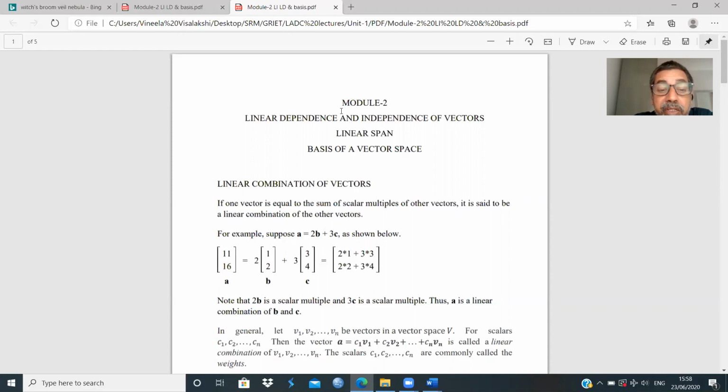Then the vector A = (11, 16) can be decomposed as 2 times (1, 2) plus 3 times (3, 4). So therefore we have expressed the vector A as 2 times vector B plus 3 times vector C. So this is the basic idea of a linear combination of vectors.